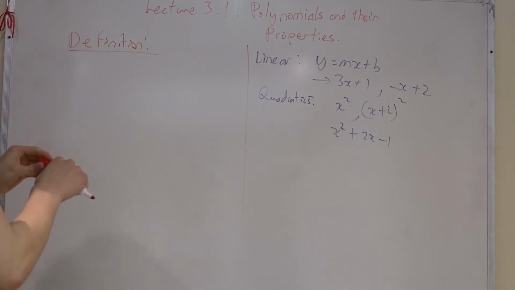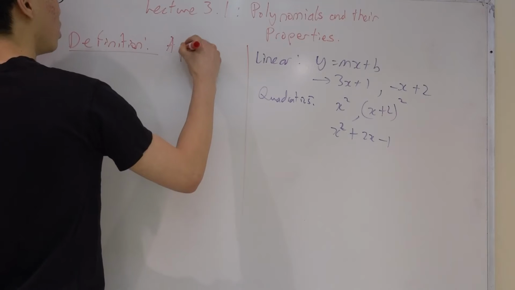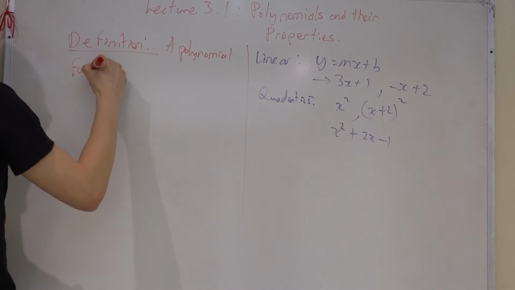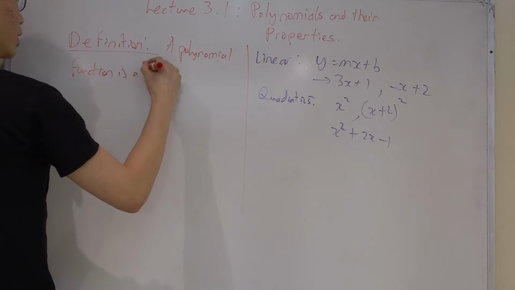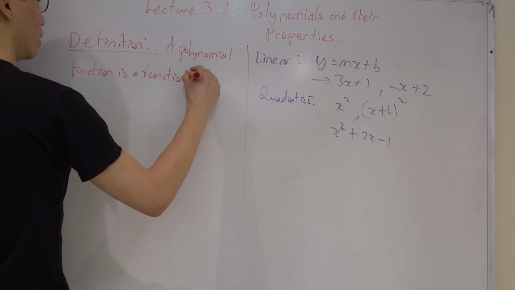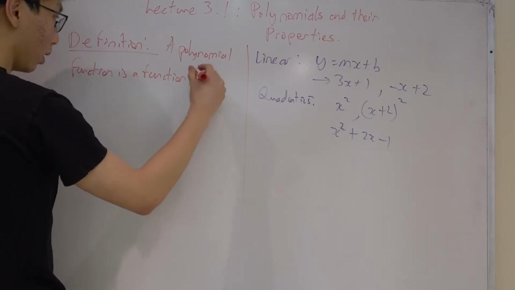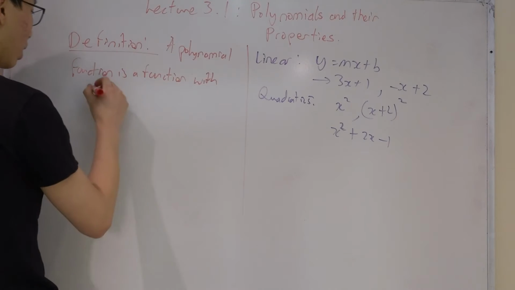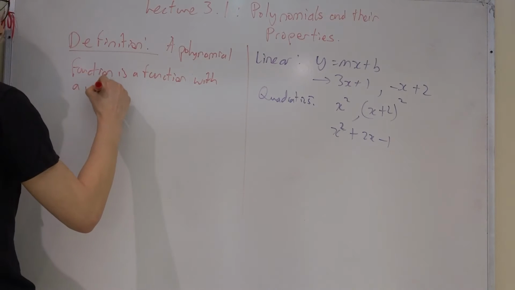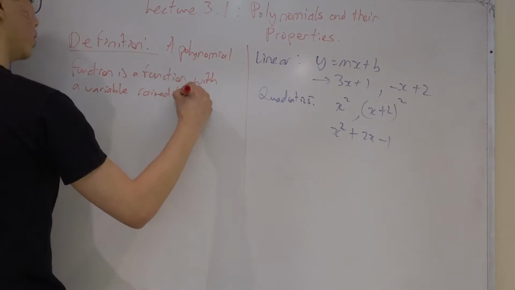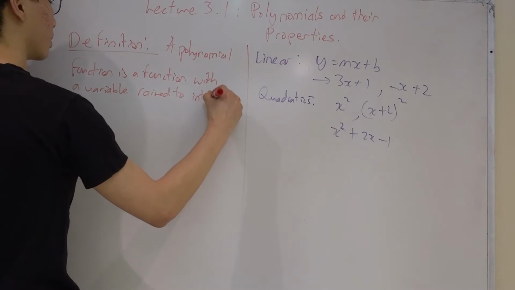And the formal definition is this: a polynomial function is a function with a variable raised to integer powers.